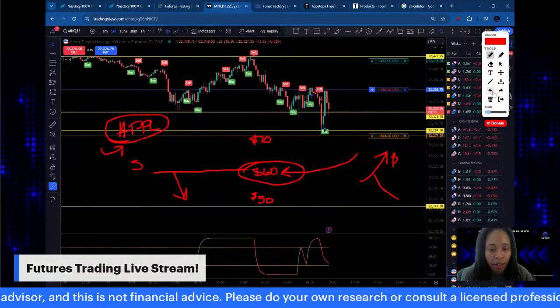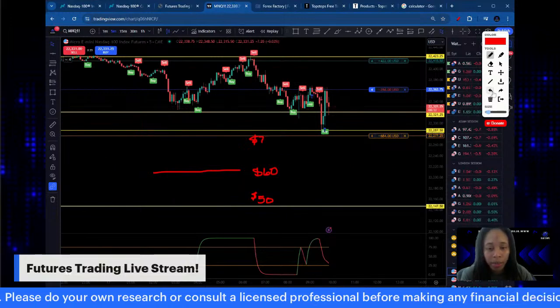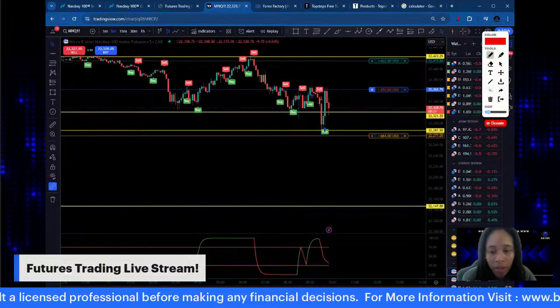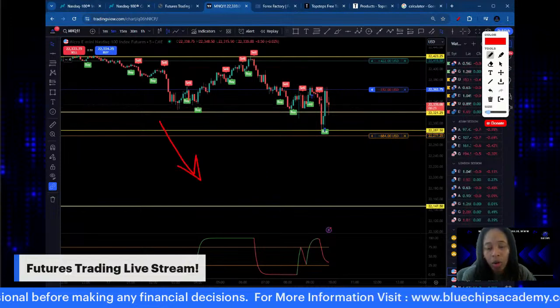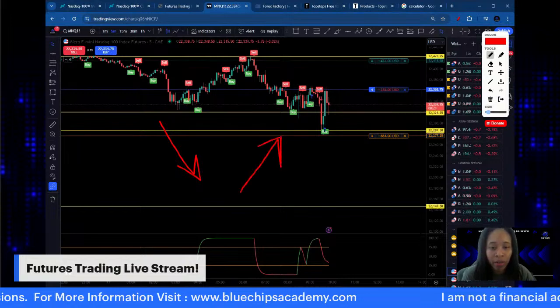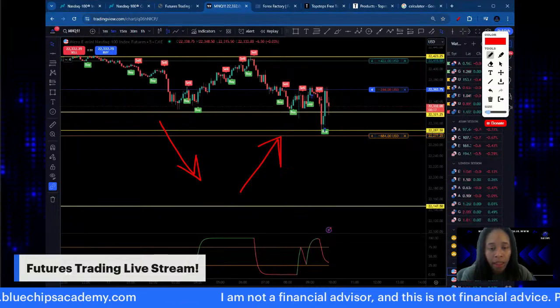The great thing about the futures market, this is why I love it so much, and the same thing with Forex and binary options, is that no matter what's going on in the market, whether the market is tanking or it's doing really well, you can make money regardless of which direction it's moving. So it's like recession-proof, okay?